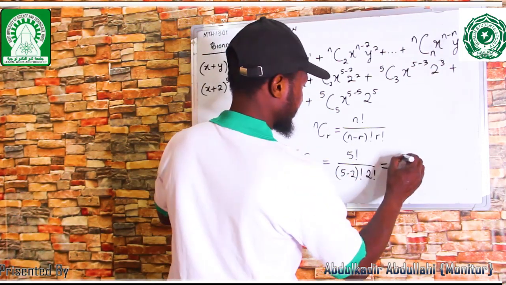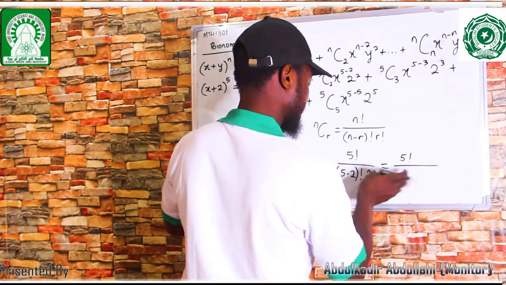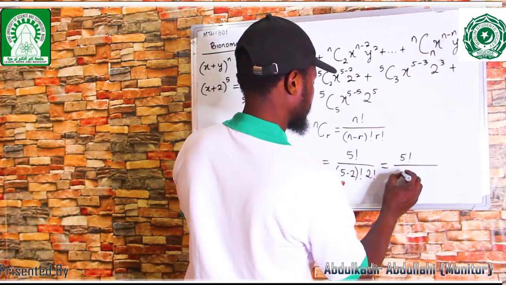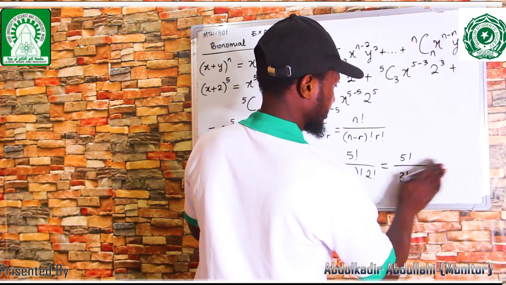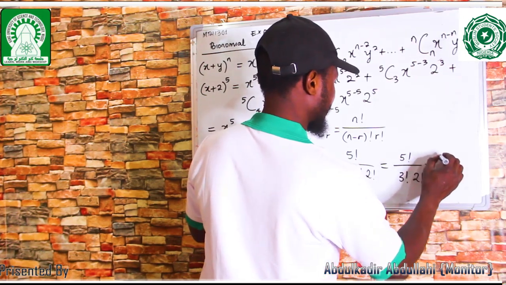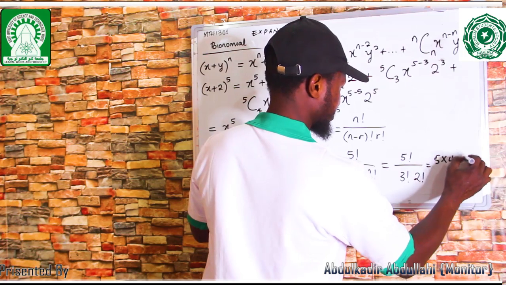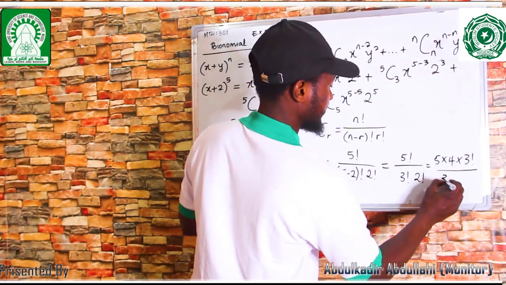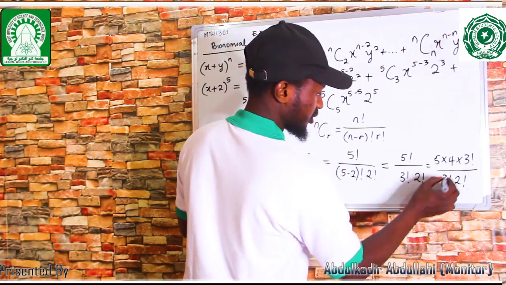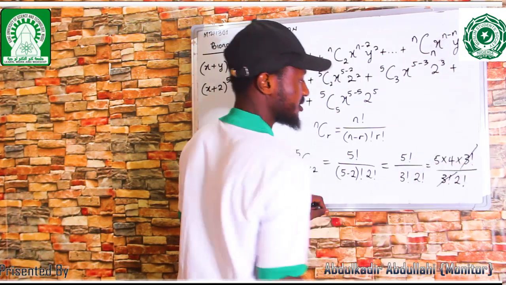So this is 5 factorial divided by 3 factorial times 2 factorial, which is 5 times 4 times 3 factorial over 3 factorial times 2 factorial. The 3 factorial cancels 3 factorial.